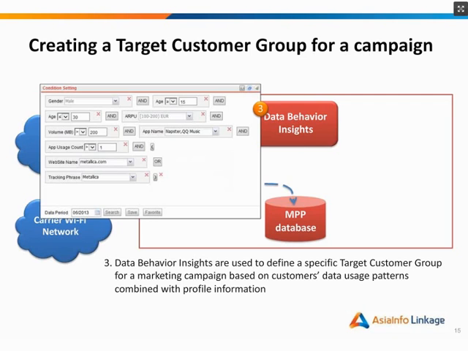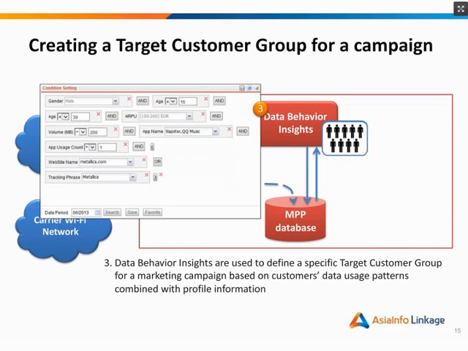But for example, the operator could mine the database for male customers aged between 15 and 30 with high ARPU and high data usage who use a music application on their smartphone and have either visited a website or searched for a term associated with a particular music band or music genre. So what happens here is that the specific target customer segment can be mined from the database and turned immediately into the subject for a marketing campaign.